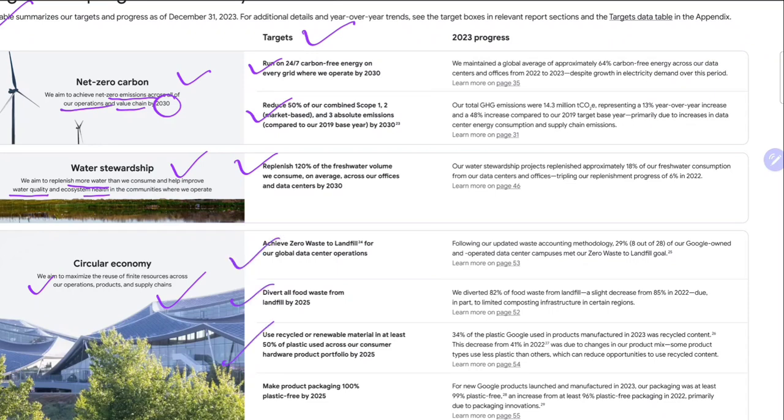And the certain circular economy related targets are there, like diverting all food waste from landfills by 2025, achieve zero waste to landfill, use recycle or renewable energy, and at least 50% of plastic used across our consumer hardware product portfolio by 2025. And what is the progress for the particular year 2023?